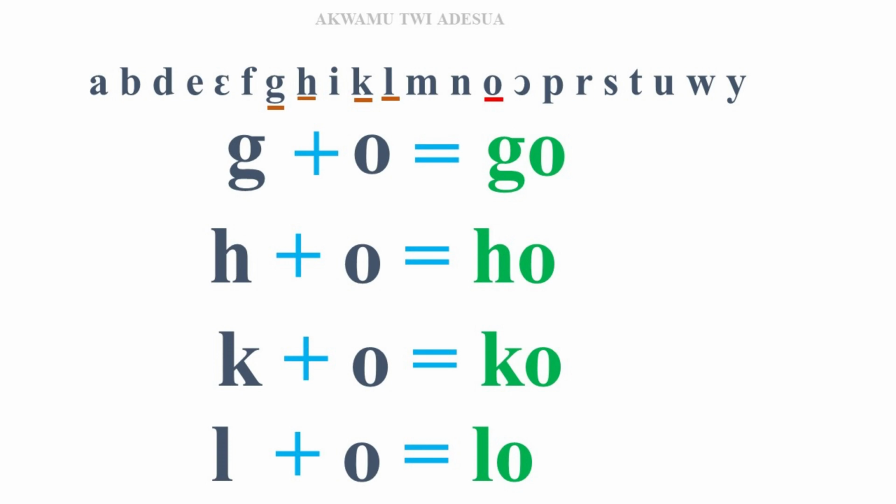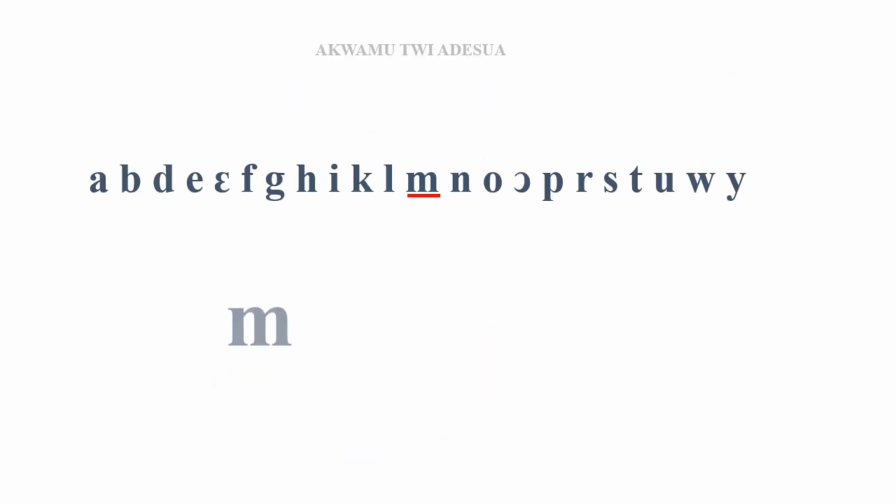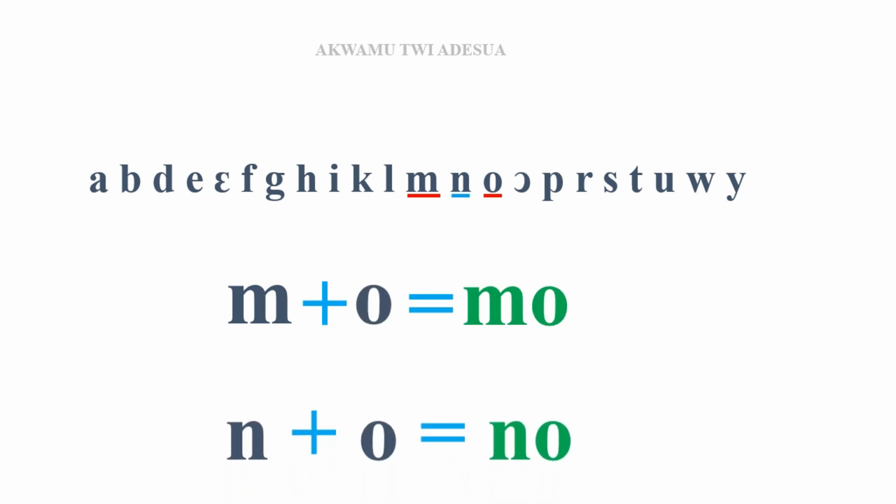L and O, which is the L, plus O will give us Lo. M plus O will give us Mo.